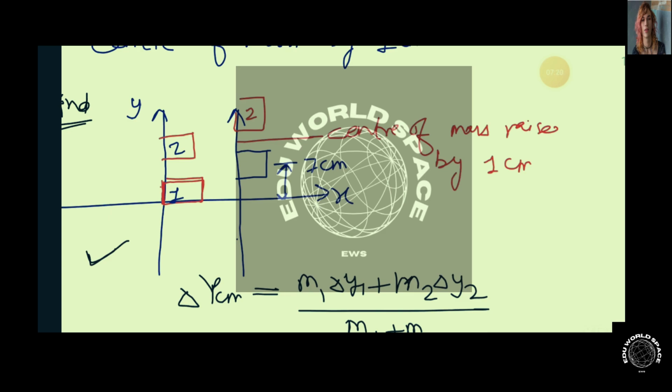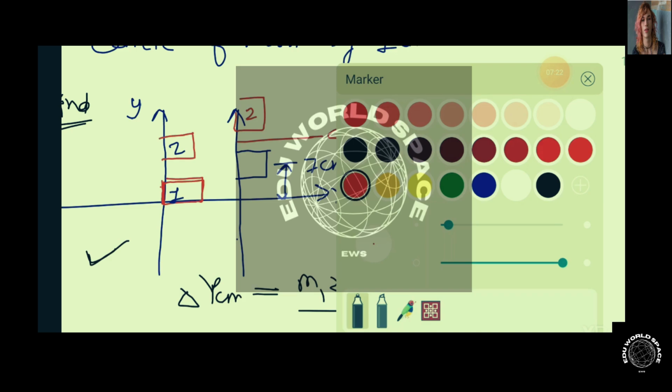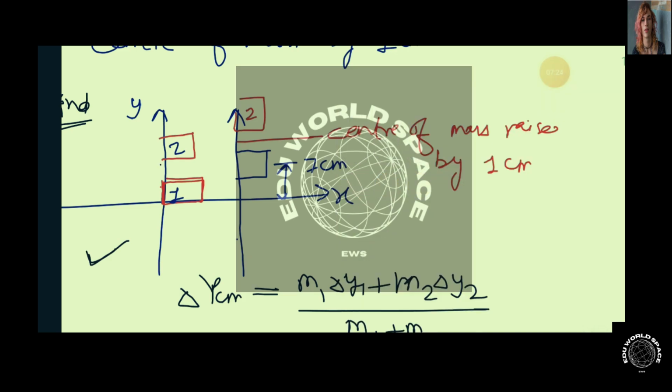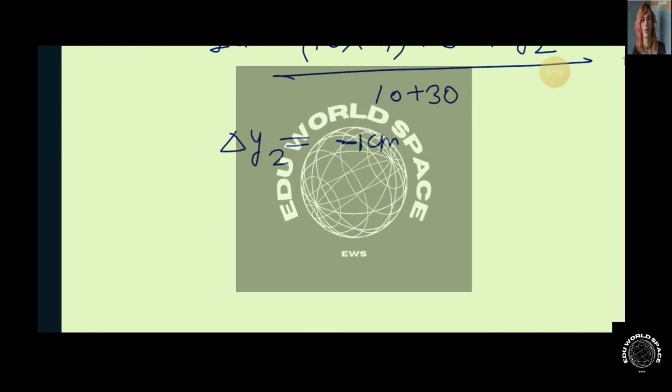If this is the initial position, then we have to move 1 centimeter down to find the new position, so that the center of mass will be raised by 1 centimeter.